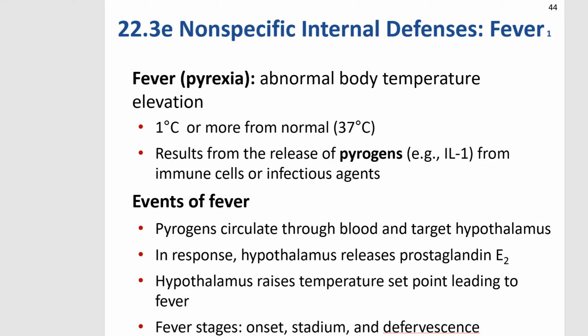And it says their nonspecific internal defense is fever. Fever is significant in two ways. One is that it causes the body to be stronger in its inflammatory response. So it sort of induces a higher inflammatory response. And it also creates a condition whereby the bacteria may not have as good a chance to grow.